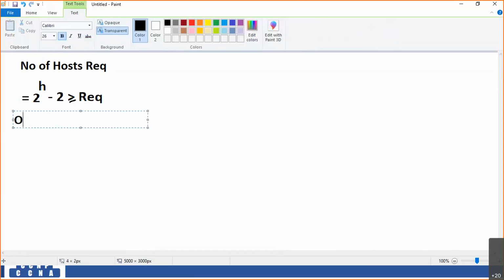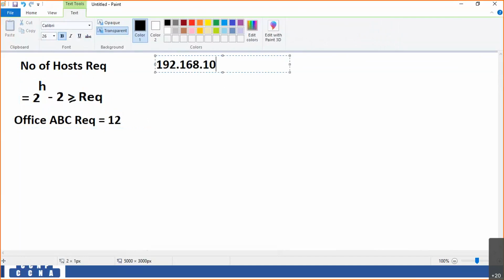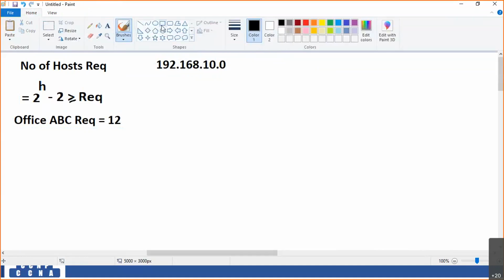Now, Office ABC requirement is, let's consider 12 hosts. I need 12 IP addresses in my network. So let me use a base example, 10.0.